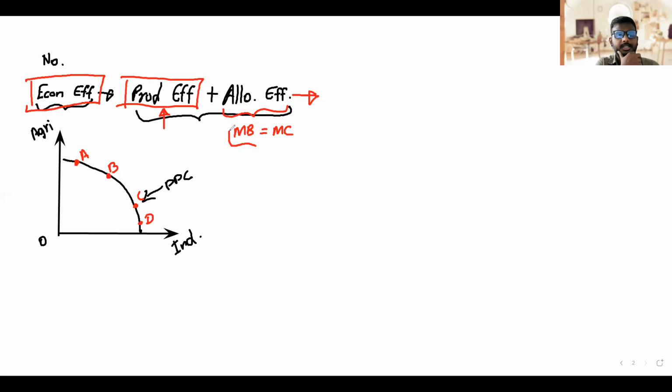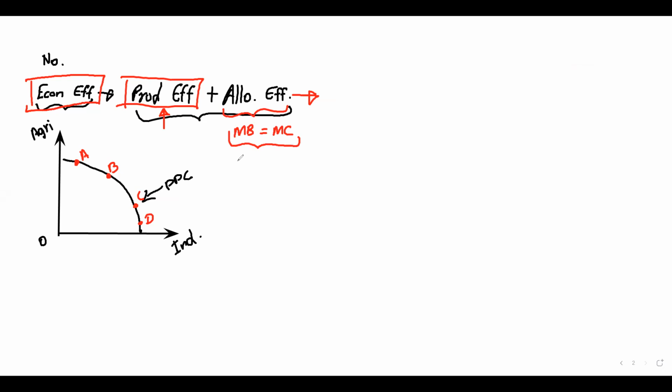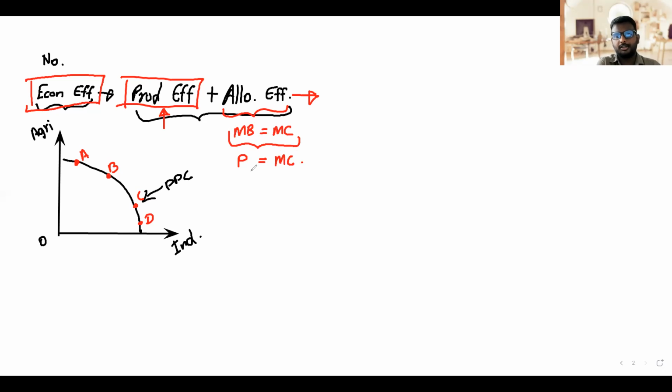You can state the same thing in a slightly different way. How is that? Price equals marginal cost. So remember, marginal benefit and price are pretty much the same thing.